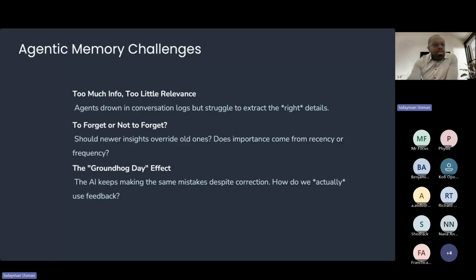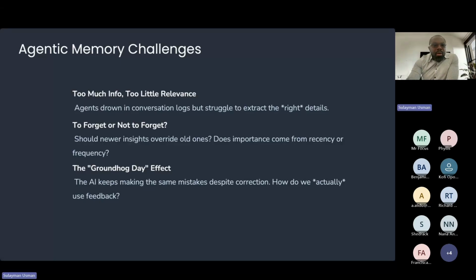But how do you tell which is relevant to what you're doing? To forget or not to forget. Unlike human beings, we can easily understand, synthesize, and filter out relevance and irrelevance. But with the Gen AI, or let's say the AI agent, this is still in progress. It's continuously being refined to be able to differentiate between this type of data.